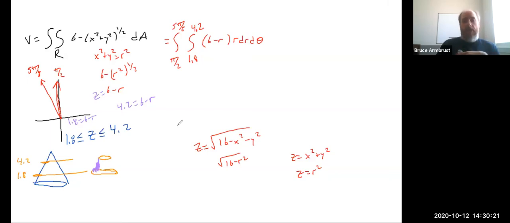Use that to determine your r's and thetas. Or if, like in this one, they tell you, well, your thetas are only going to go from here to here, well, sweet. You already have those bounds. You don't have to worry about trying to picture them. So this process works exactly the same way no matter what kind of surface we've got. We just take that surface, we convert it appropriately in terms of the coordinates, and go.